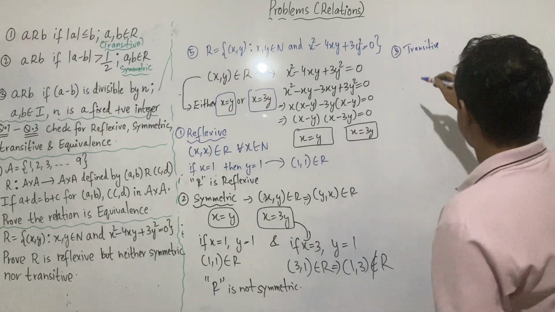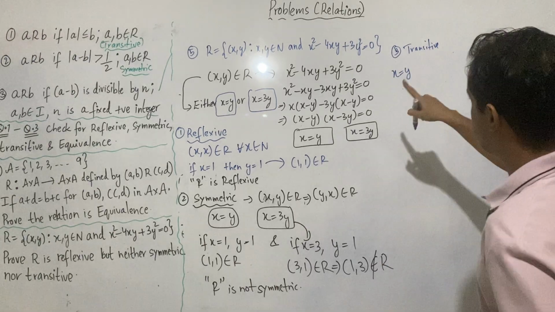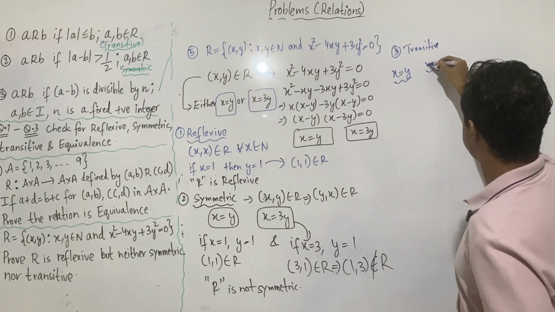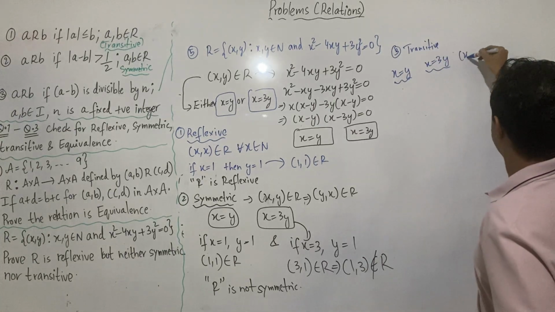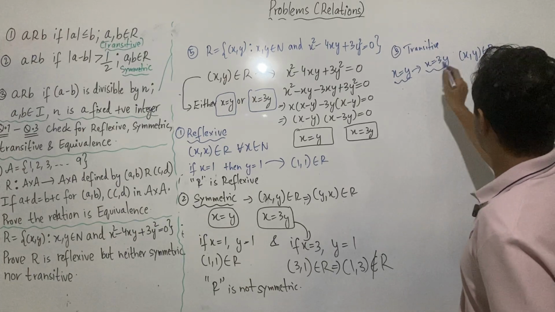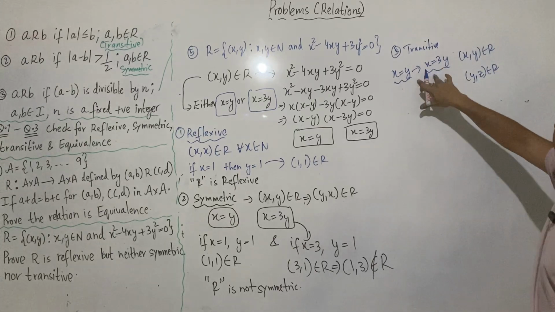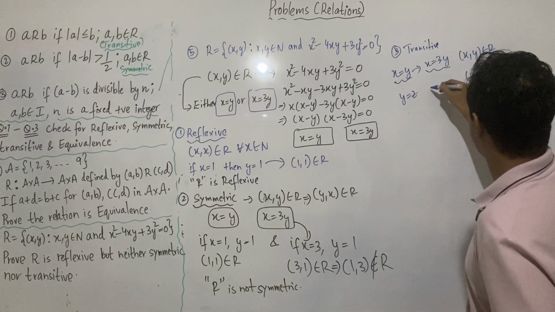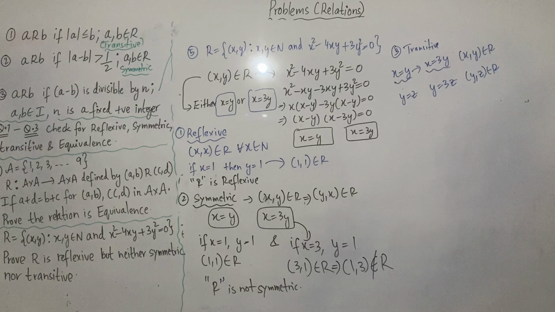Again, transitive says that if (x, y) is in the relation R, and (y, z) is in the relation, then here y equals z or y equals 3z.